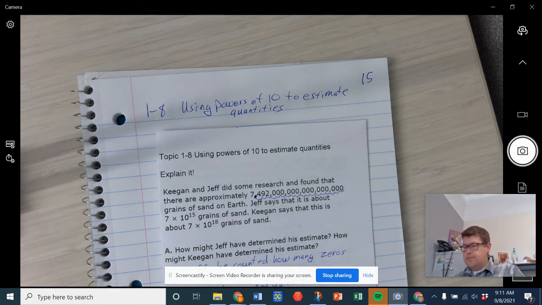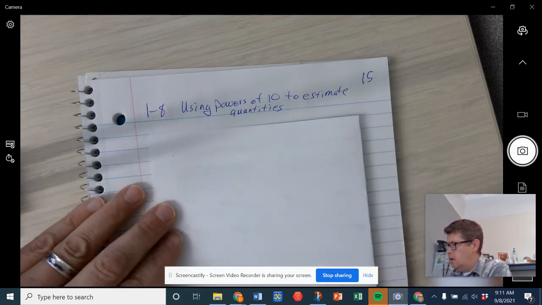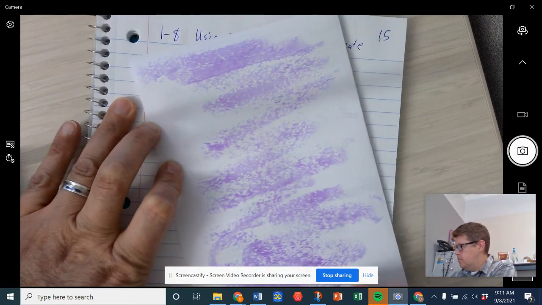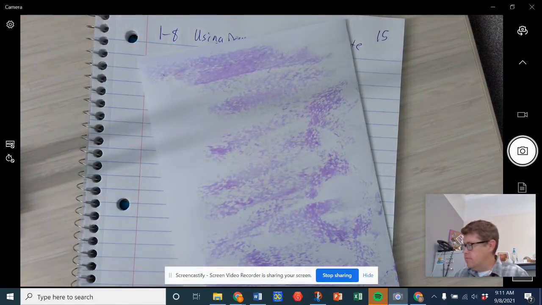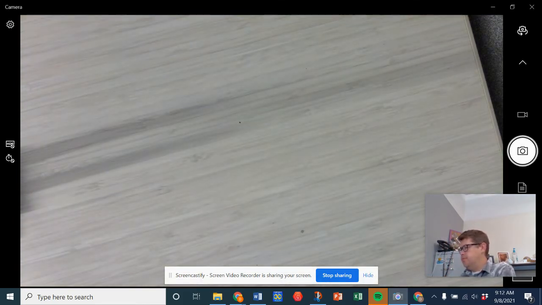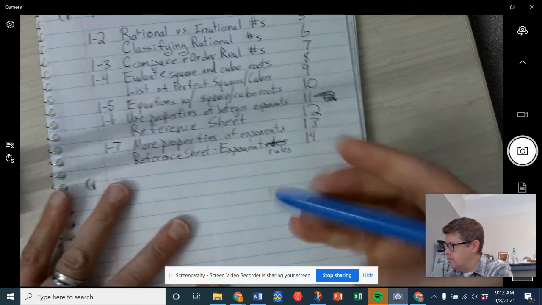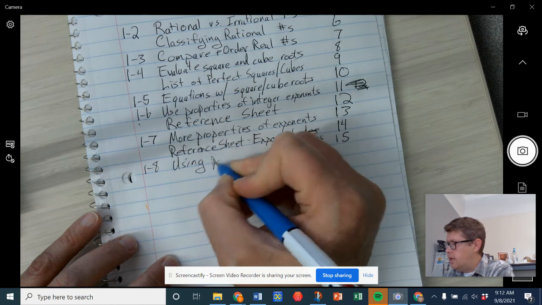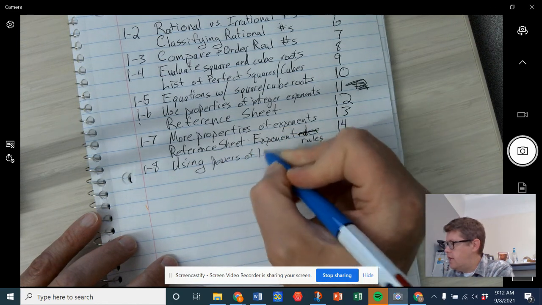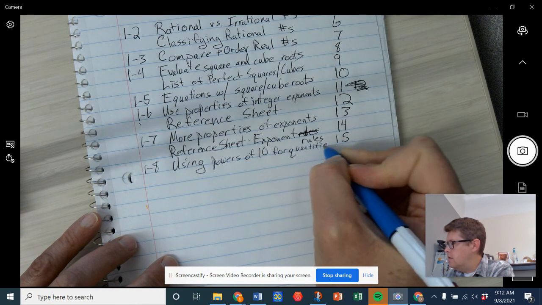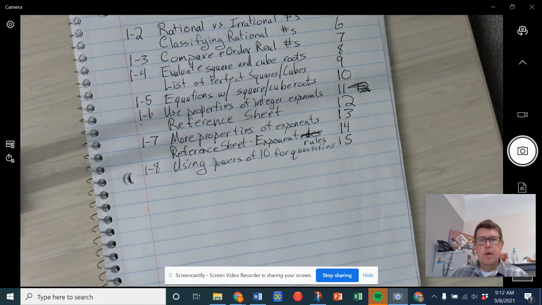And then we'll do the table of contents. Like so. So page 15, 1-8, using powers of 10 for quantities. Let's just say that so we can fit it in there. Okay. There you go, guys.